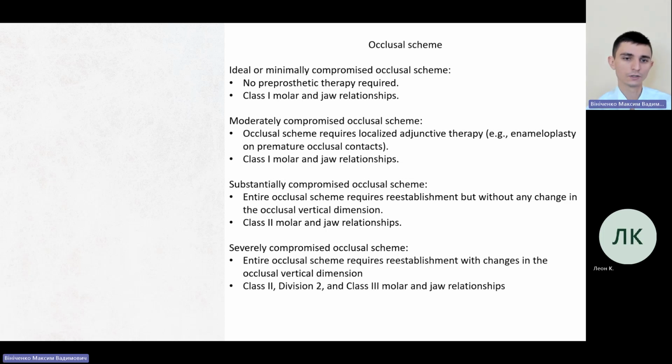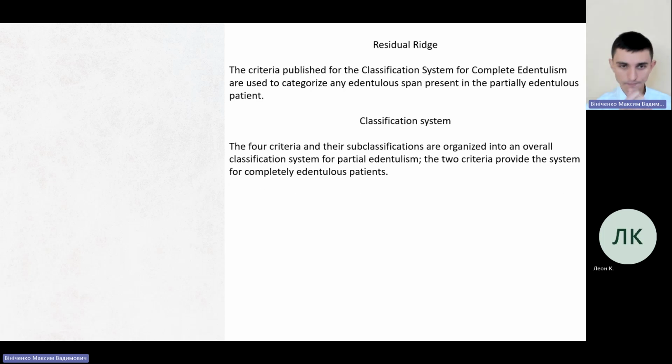Substantially compromised occlusal scheme: entire occlusal scheme requires re-establishment, but without any change in the occlusal vertical dimension. Class 2 molar and jaw relationship. Severely compromised occlusal scheme: entire occlusal scheme requires re-establishment with changes in the occlusal vertical dimension. Class 2 division 2 and Class 3 molar and jaw relationships.